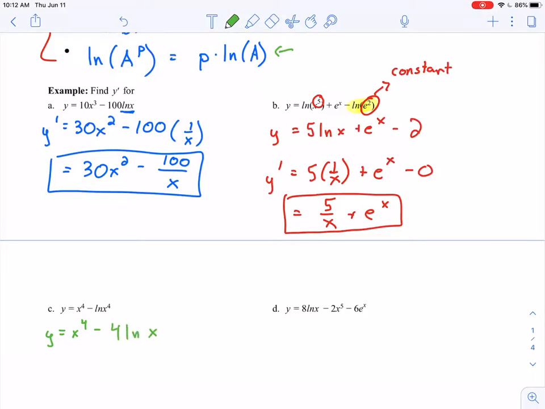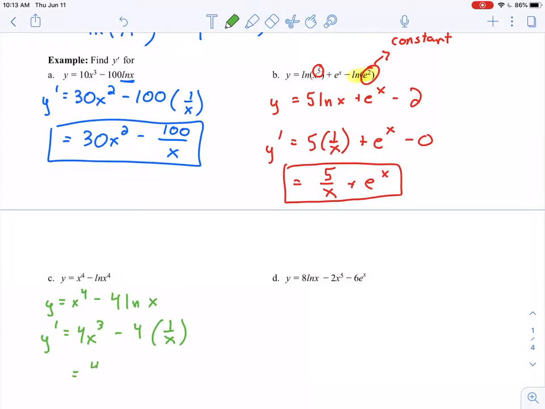Now I haven't taken the derivative or anything like that here, so I still need to take the derivative. So let's do that. Y prime will be 4x cubed minus 4 times derivative of natural log of x. That's going to be 1 over x. So I've got 4x cubed minus 4 over x.